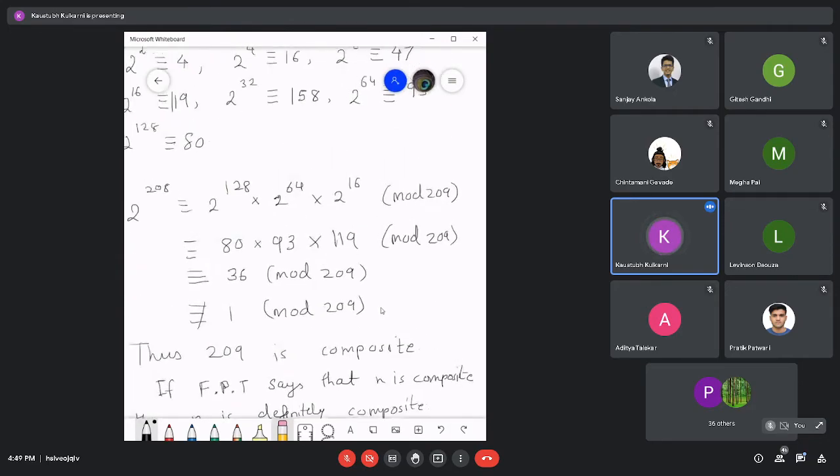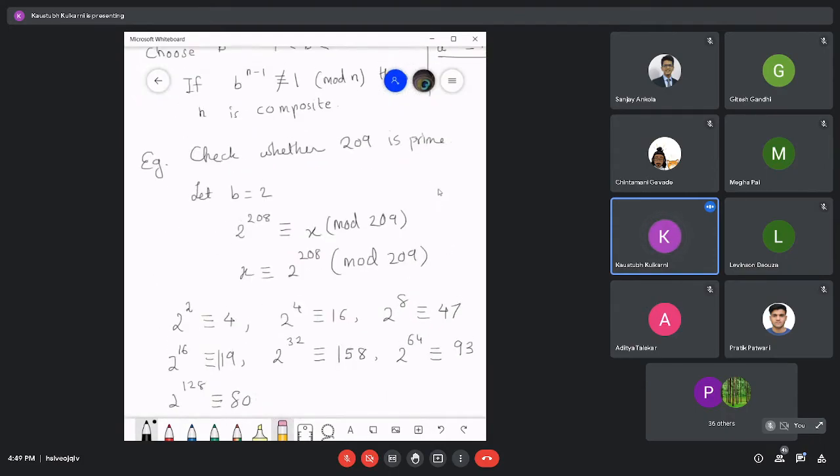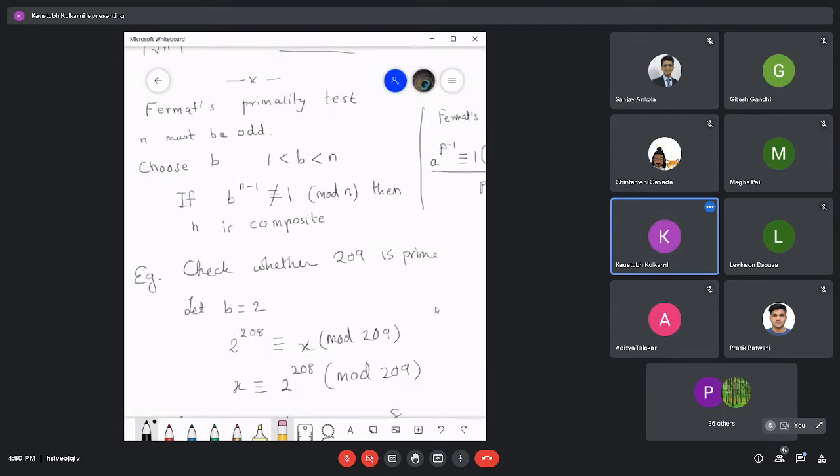If I say that Fermat's primality test is perfect, then what it says is that if b raised to n minus 1 is not congruent to 1 mod n, then n is composite. Now, what is the converse of this statement?